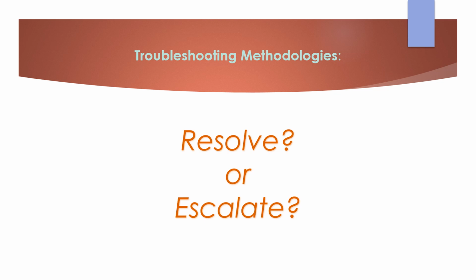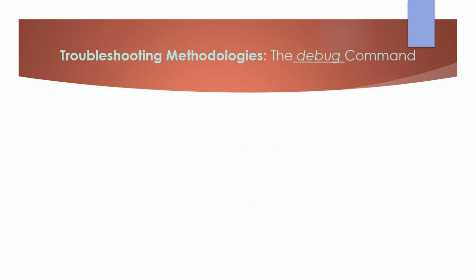One command that is very important when you troubleshoot is the debug command. Operating system processes, protocols, mechanisms, and events generate messages to communicate their status. These messages can provide valuable information when troubleshooting or verifying system operation.